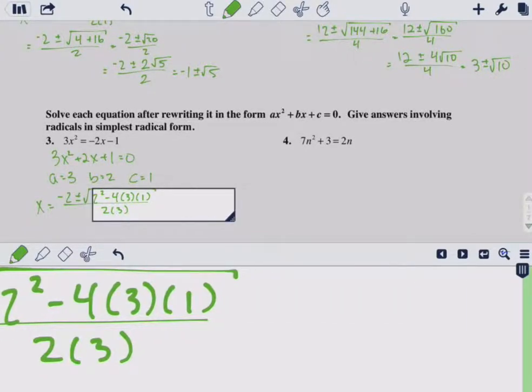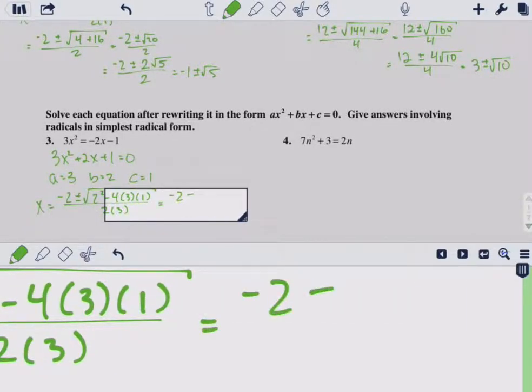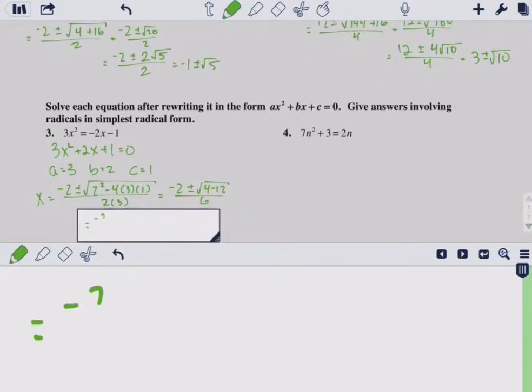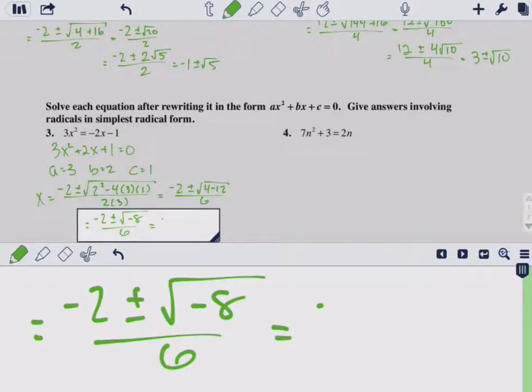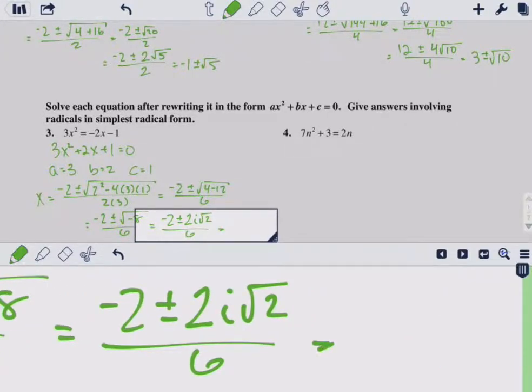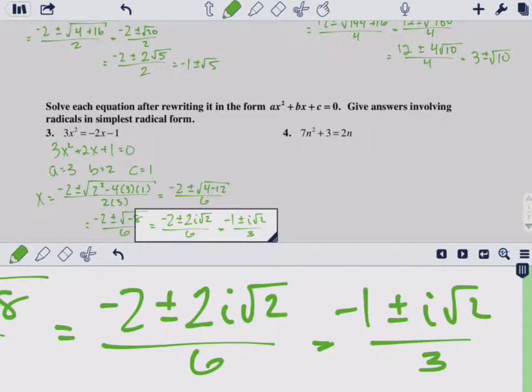Well, that is negative 2 plus or minus the square root of 4 minus 12, over 6. So that's negative 2 plus or minus the square root of negative 8 over 6. So we introduce imaginary numbers. 8 is 4 times 2. The square root of 4 is 2. We get an i because of the negative, over 6. So we get negative 1 plus or minus i root 2 over 3, because everything's divisible by 2.